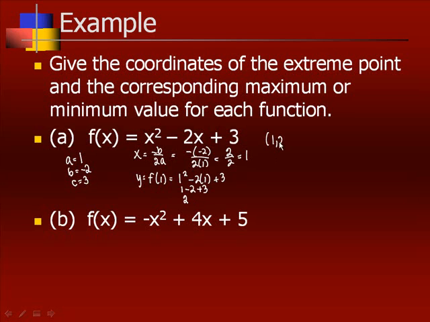So we know that our vertex is (1, 2). If you think about the graph for a second, over 1, up 2, it's a positive x squared, so we're opening upward. So this vertex is the lowest point. It's the minimum point at (1, 2).